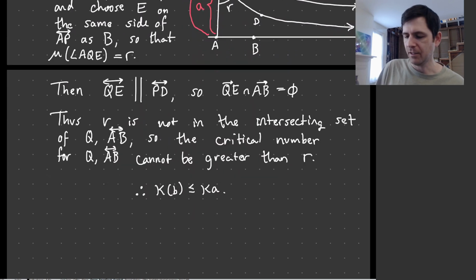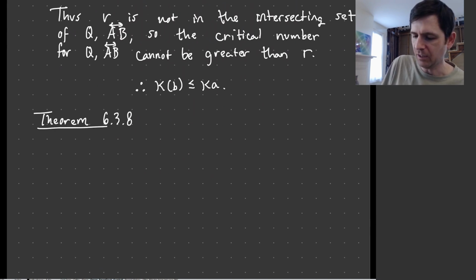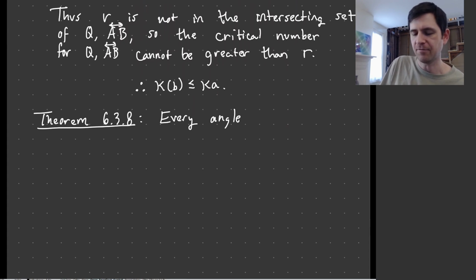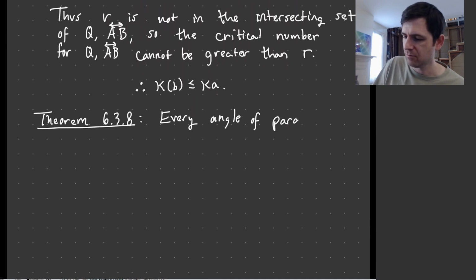Okay, next thing that we want to show is that, in fact, every critical angle is acute. It can't be 90 degrees. This I've already kind of hinted at. It follows pretty easily from the fact that there are more than two parallel lines through a point, so they can't both be 90 degrees. But we want to be a little bit more careful about this.